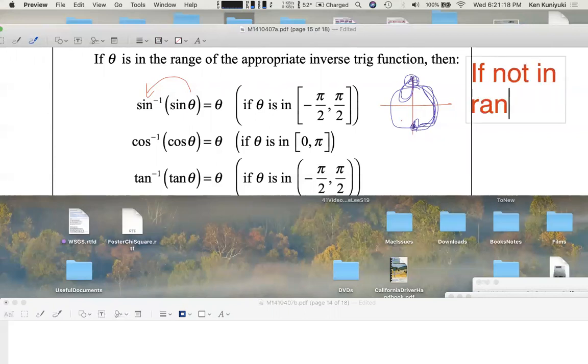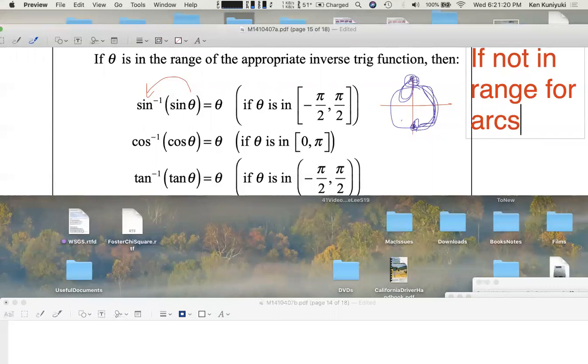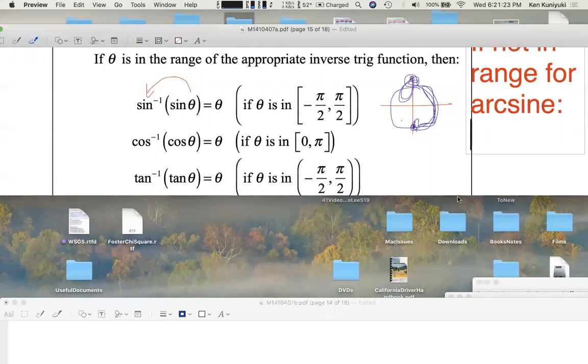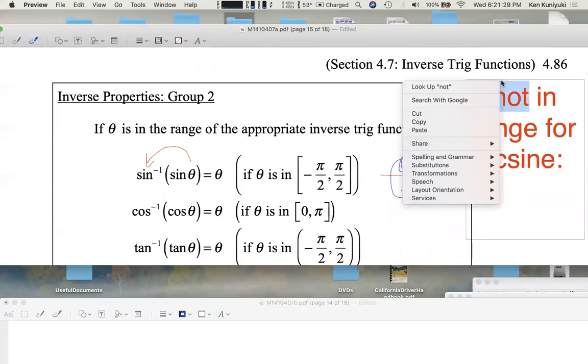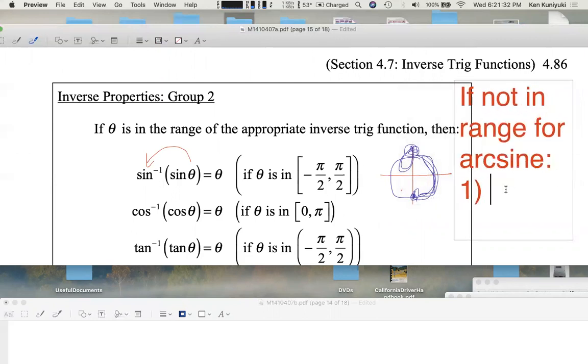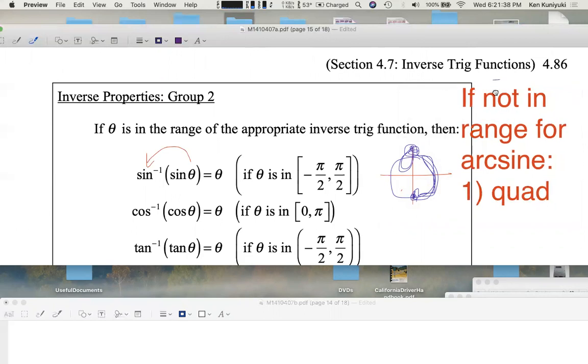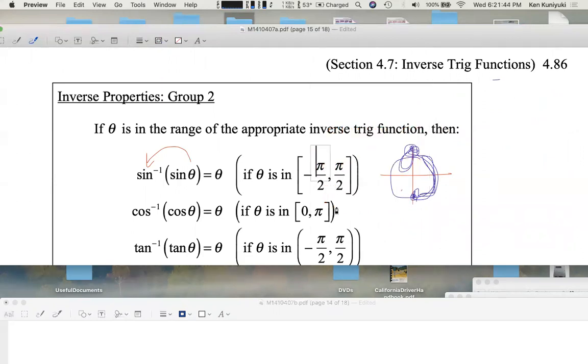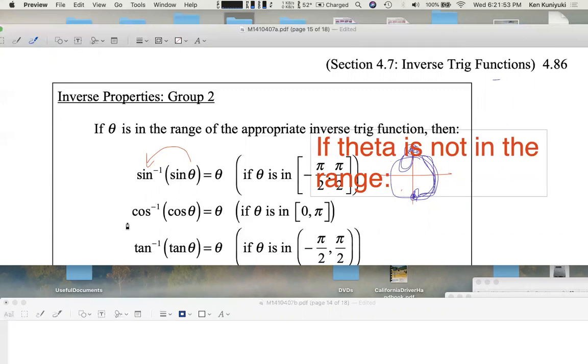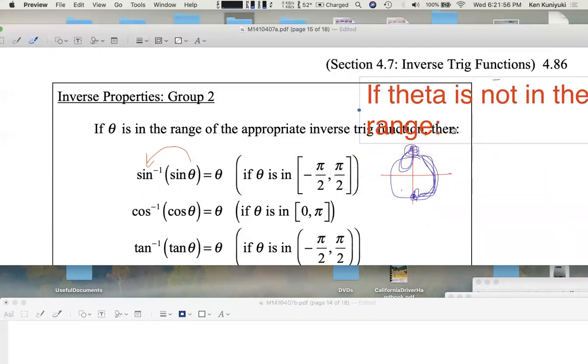If theta is not in the range of the inverse trig function, what are the possibilities?